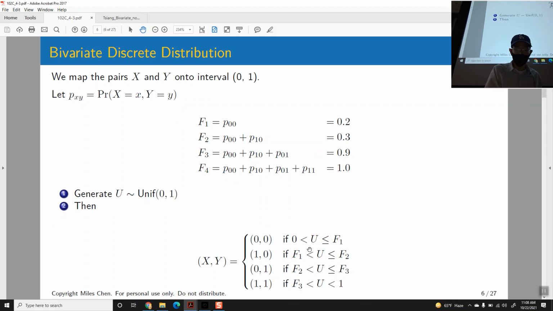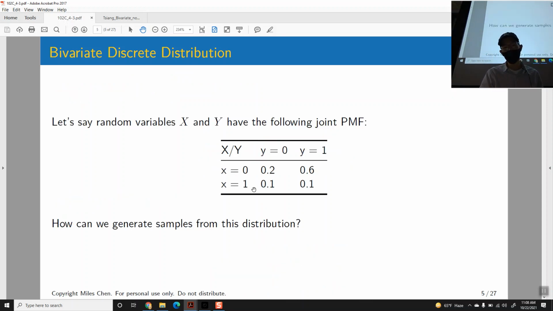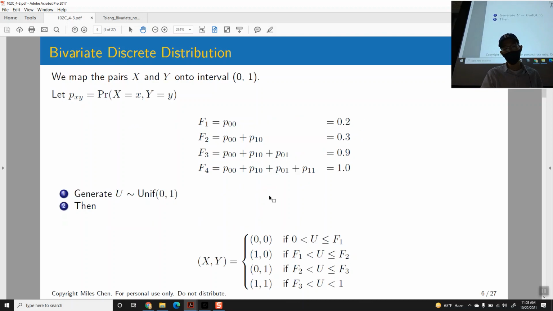If u ends up being between 0.2 and 0.3, between f1, 0.2, and f2, 0.3, that's going to happen with probability 10%, 0.1. Generate the combination 1, 0 for x and y. And we can see that lines up with this, x being 1 and y equals 0 with probability 0.1.